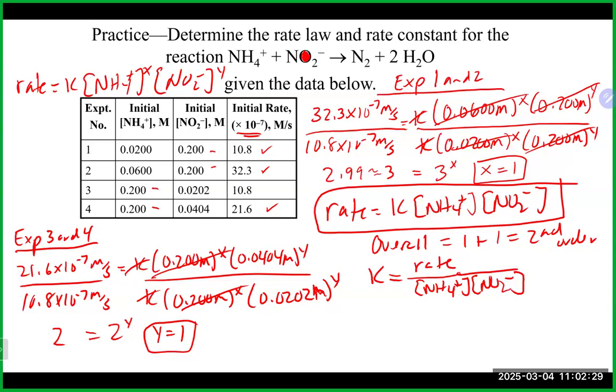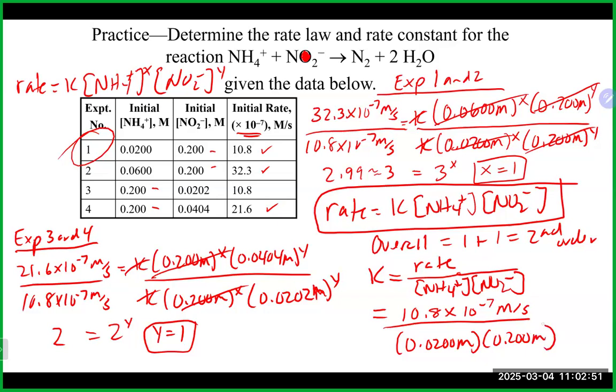Once again, you can choose any of the entries, so why not just go with one? This is the part where, if you missed that times 10 to the minus 7, you're going to have the wrong answer, divided by 0.02 molar and 0.2 molar.